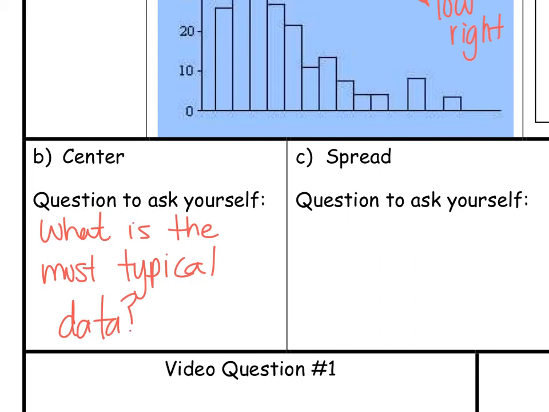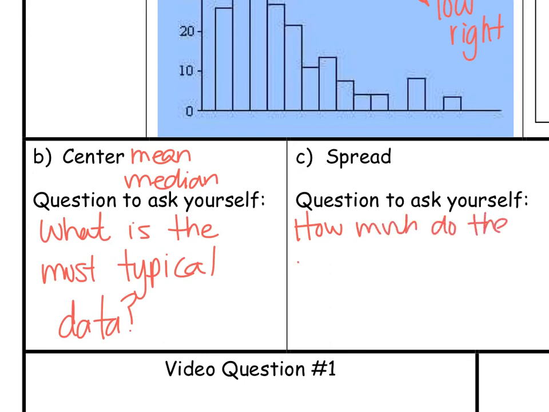Then spread is asking how much do the values vary from the center? Well, the center is either the mean or the median. So we're asking ourselves, how much do the values that we are collecting vary from whatever point or whatever measure we are using for center.